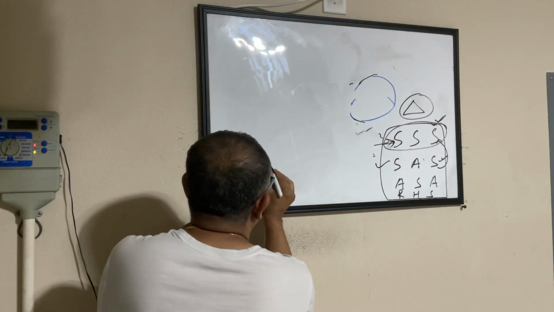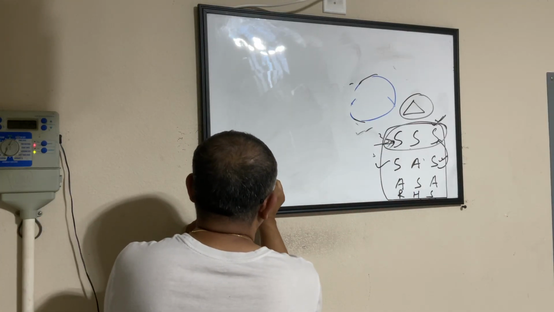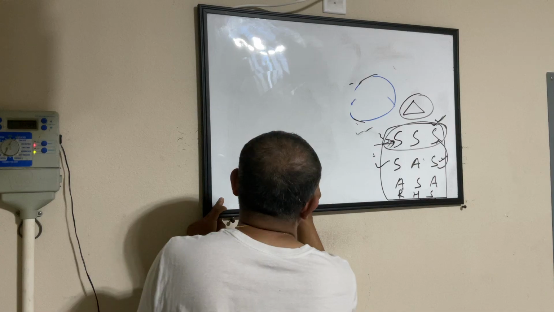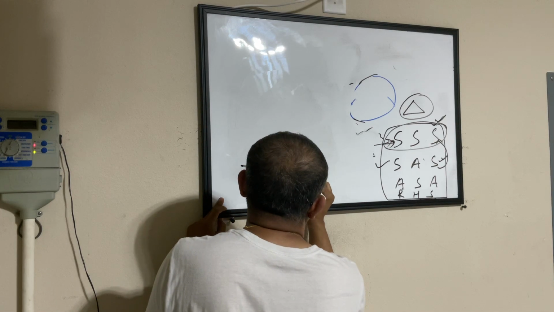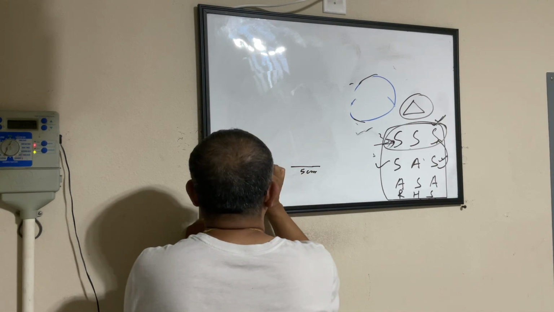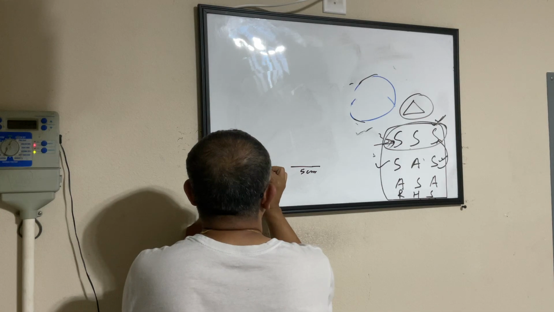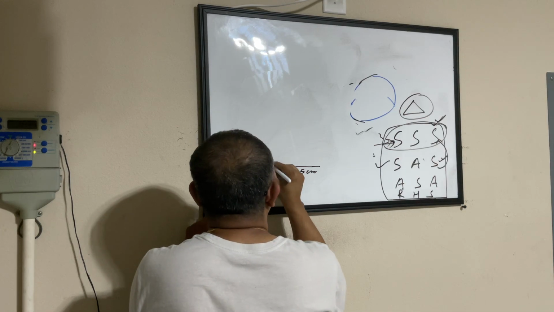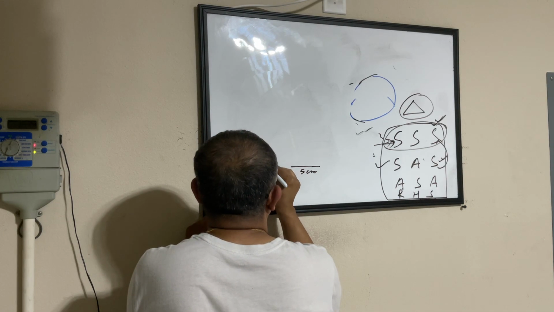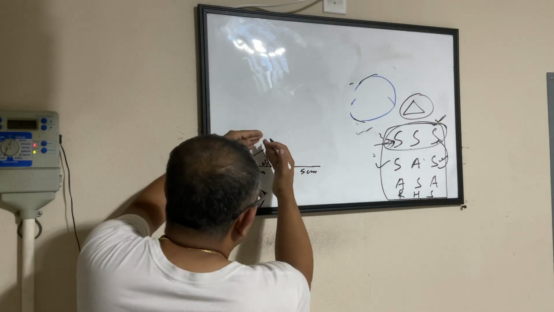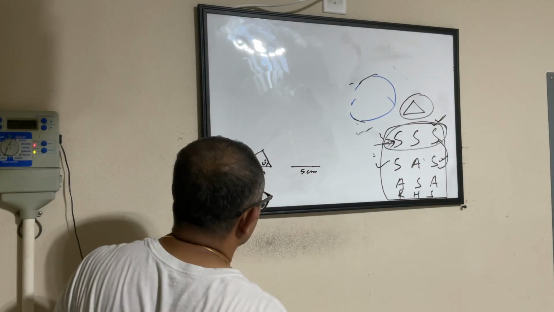I have a 5 centimeter line segment. I have another 5 centimeter line segment. Here I am drawing a 20 degree and here I am drawing a 60 degree. Okay? I am not bothered about these two sides' length right now.